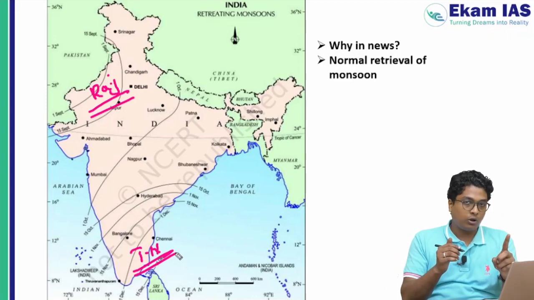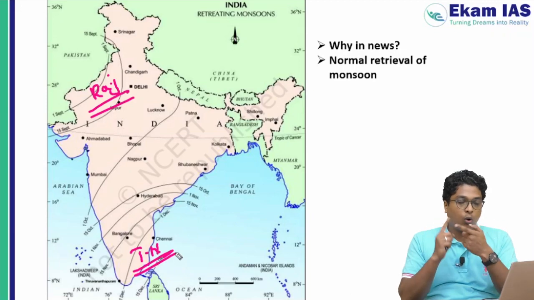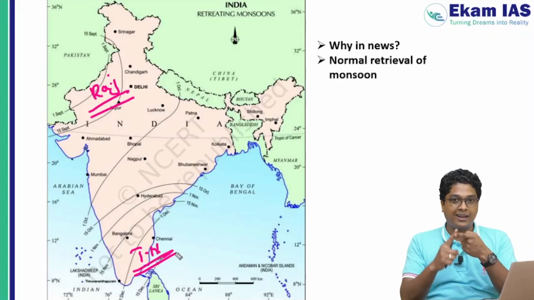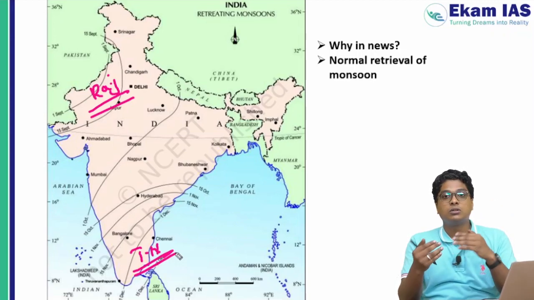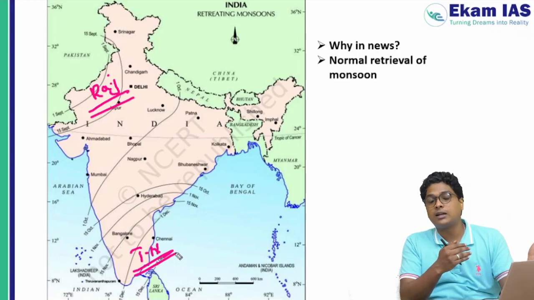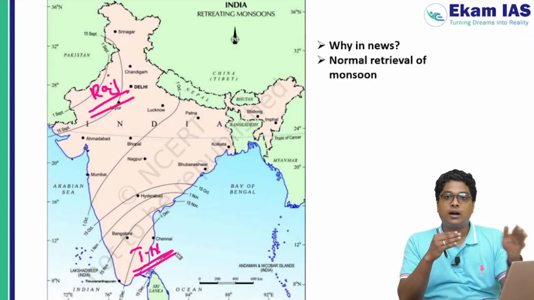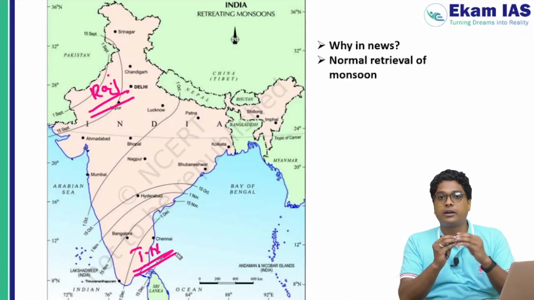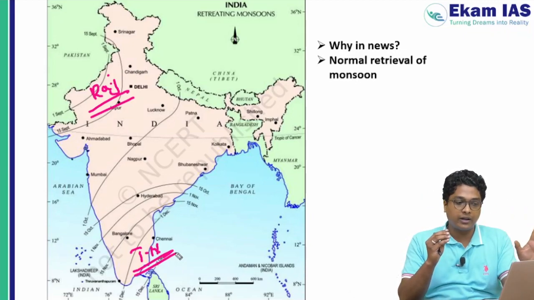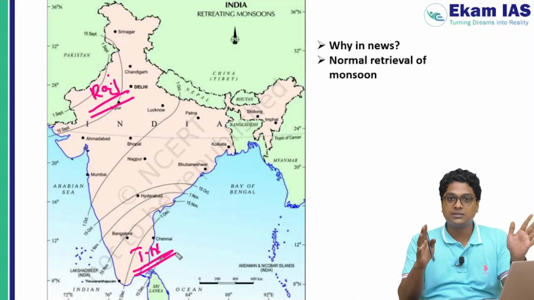A very important fact for your prelims examination: the onset of the monsoon starts from Kerala, the last place where the onset takes place is Rajasthan, and the retreating monsoon begins from Rajasthan and ends in Tamil Nadu. Please keep this in mind.